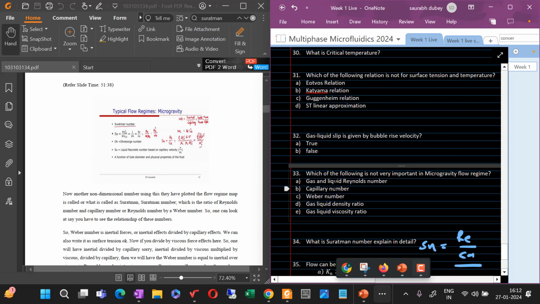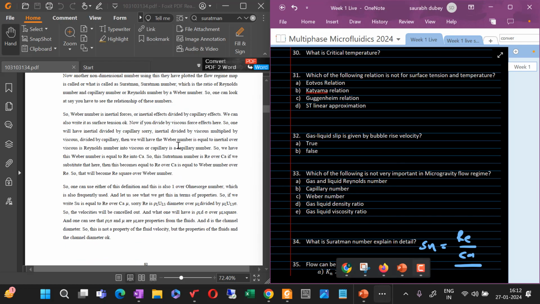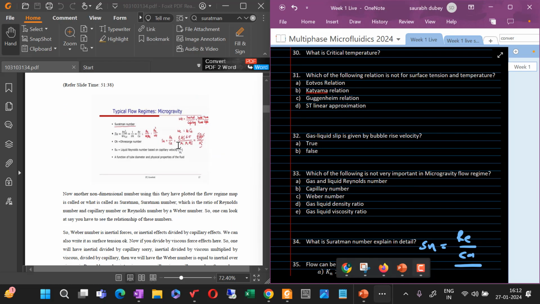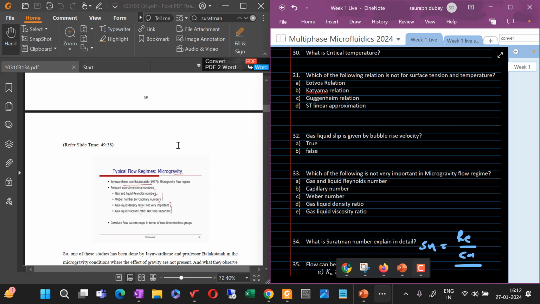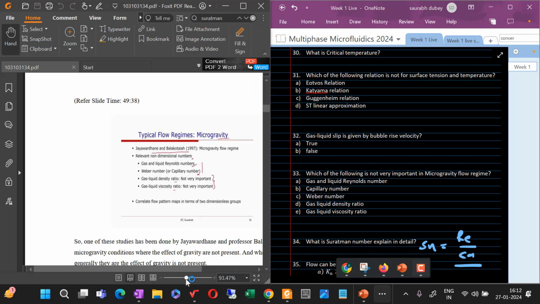Which one of the following is not very important in the microgravity flow regime? So in the microgravity flow regime, what is important and what is not important. You see slide 16 here.